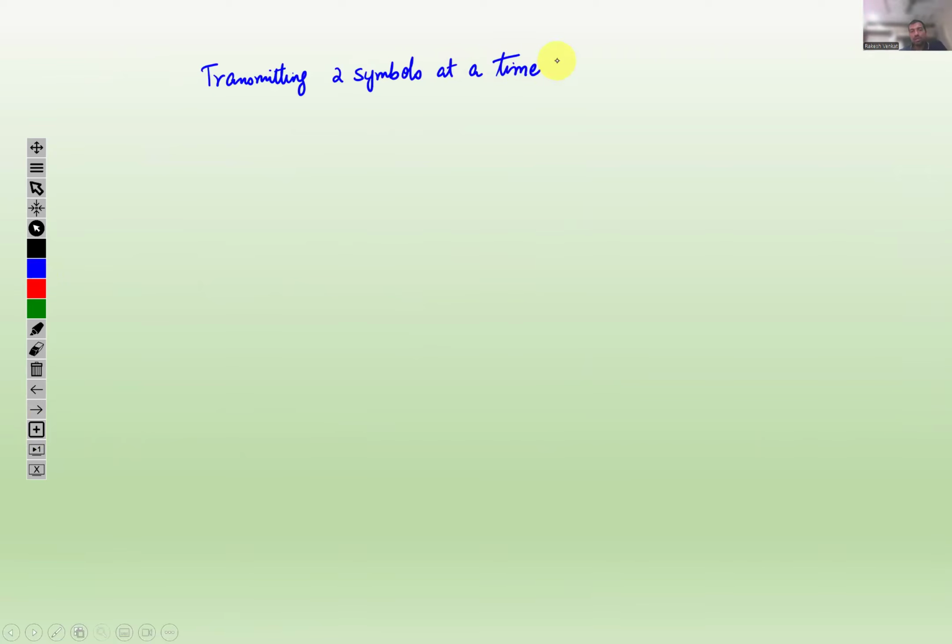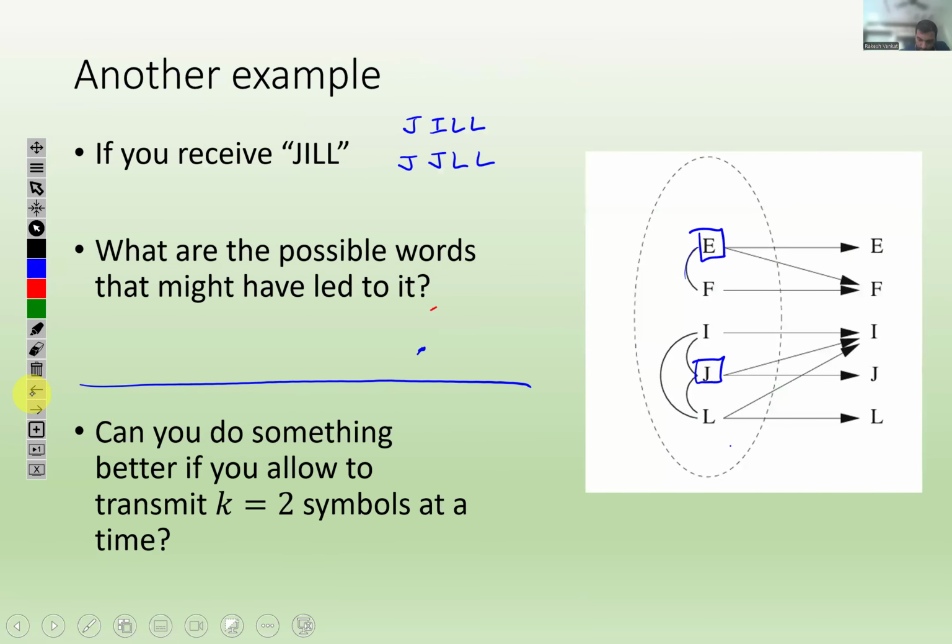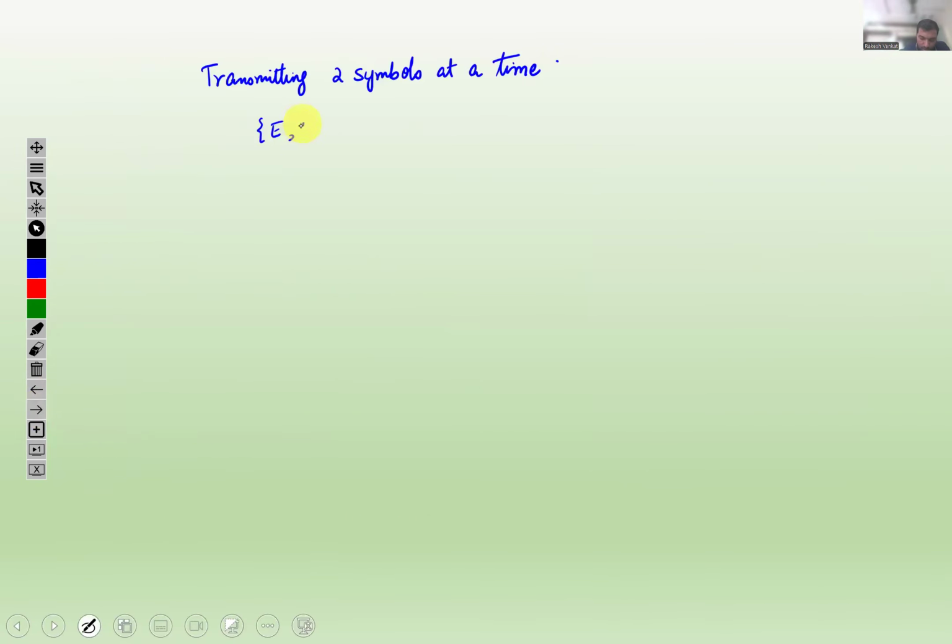When I want to transmit two symbols at a time, in this case, I have E, F, I, J, and L, right? So let me just write them down. I, J, and L could be confused amongst each other when sent over a channel, and E and F could be confused among each other. So I chose one from each.